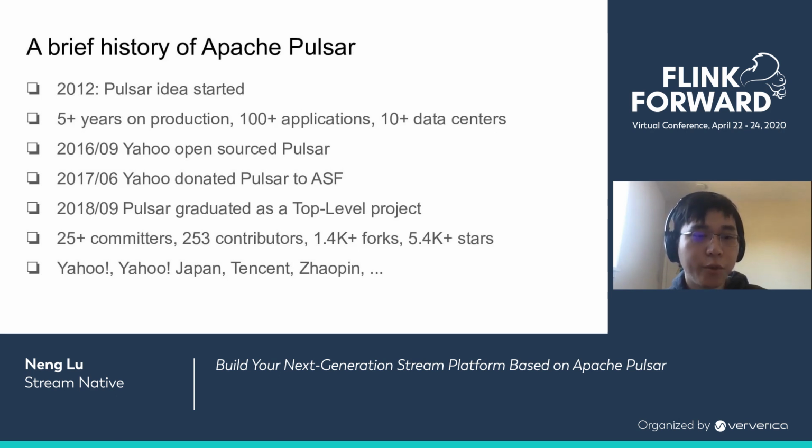The community is growing very fast. We have over 250 contributors, 1.4K forks and 5.4K stars. And in the industry, many companies are utilizing it to serve their daily business needs, like Yahoo Japan and Tencent in China.